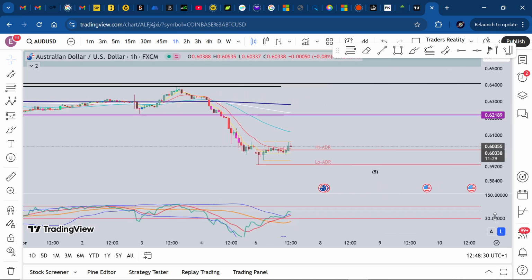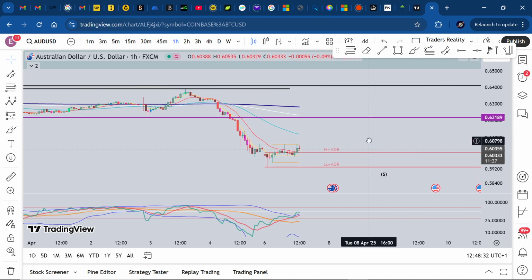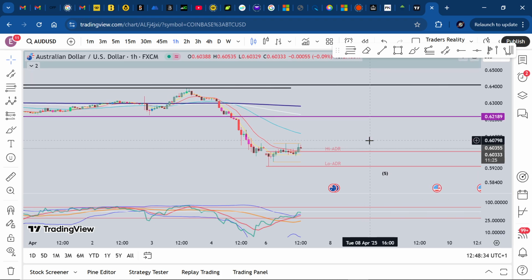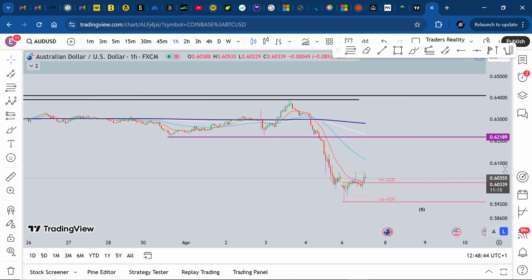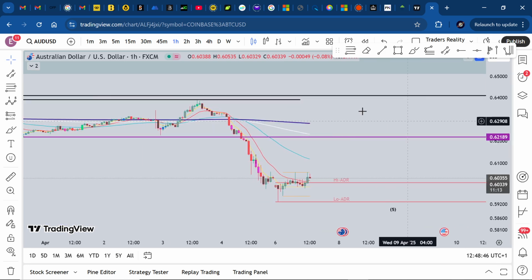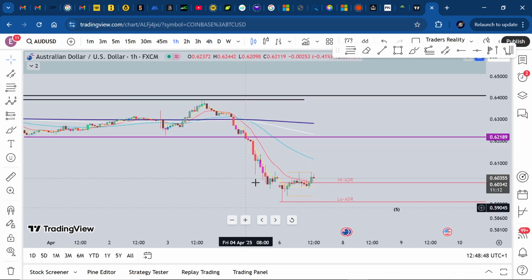Just when I see, for argument's sake, AUD USD is bullish, whereas pound and euro are bearish, it makes me want to look into it a bit more. Usually these things will move in the same direction.